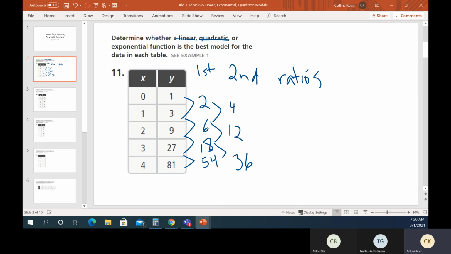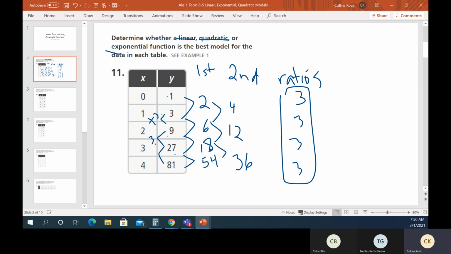If I go from 1 to 3, that's 1 times 3, so our ratio is 3. If I take 3 and multiply by 3, I get 9. That works. Then 9 times 3 is 27, and 27 times 3 is 81. Notice these ratios are all the same. We keep multiplying by the same number over and over, which is the definition of an exponential.